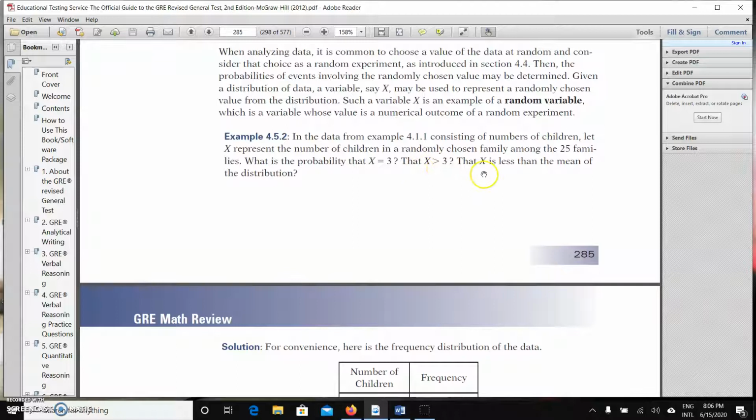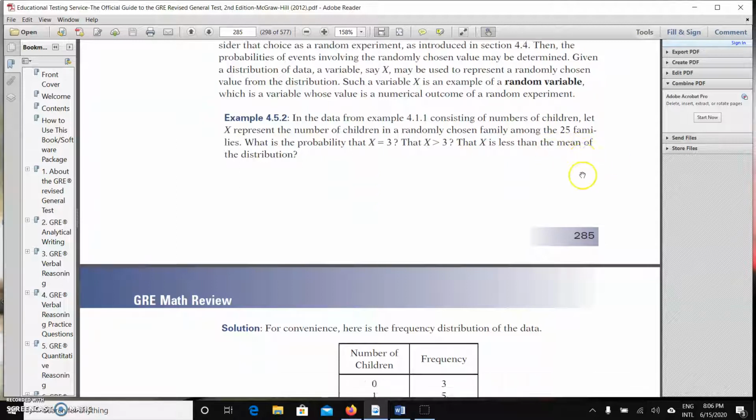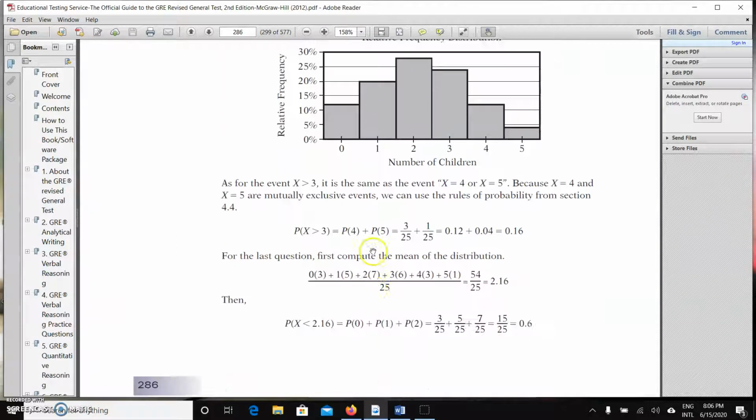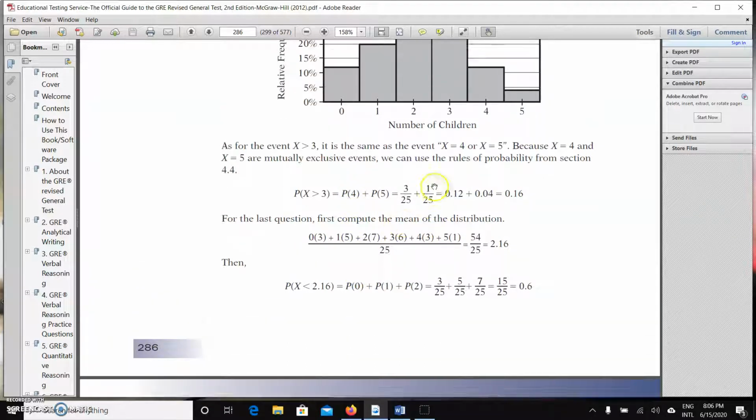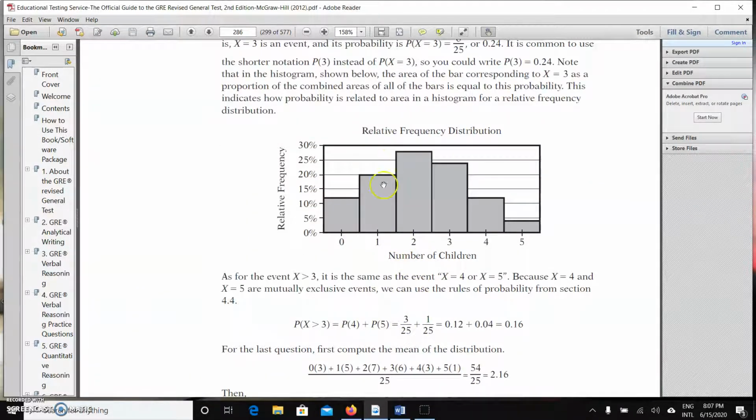Now, the last question: x is less than the mean of the distribution. For us to know that, we need to calculate the mean first. And how do you calculate the mean? I've told you, sum over the total number.